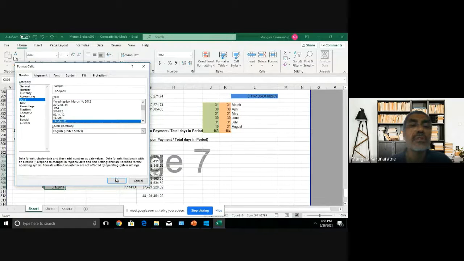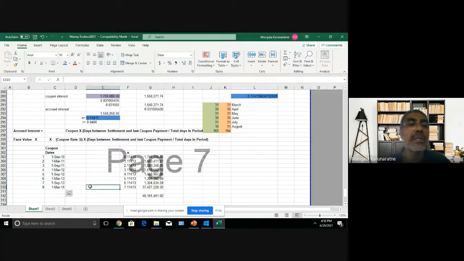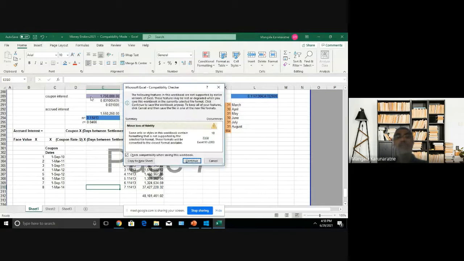We'll use this, then it will be easier. 1st September, 1st March, 1st September, 1st March, likewise it goes up to 2014.